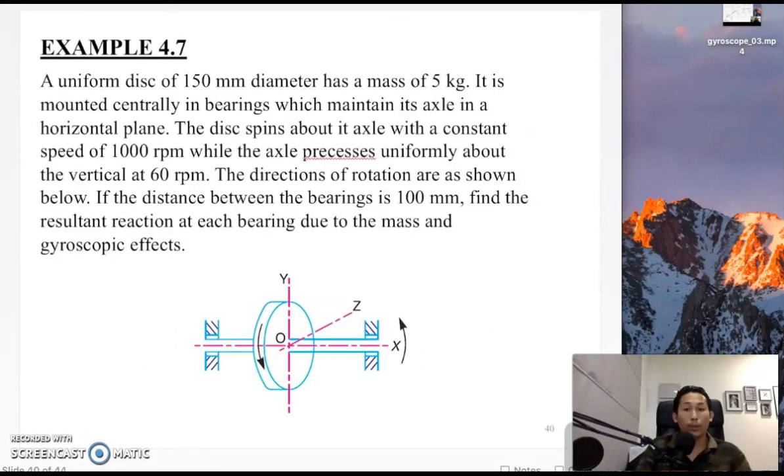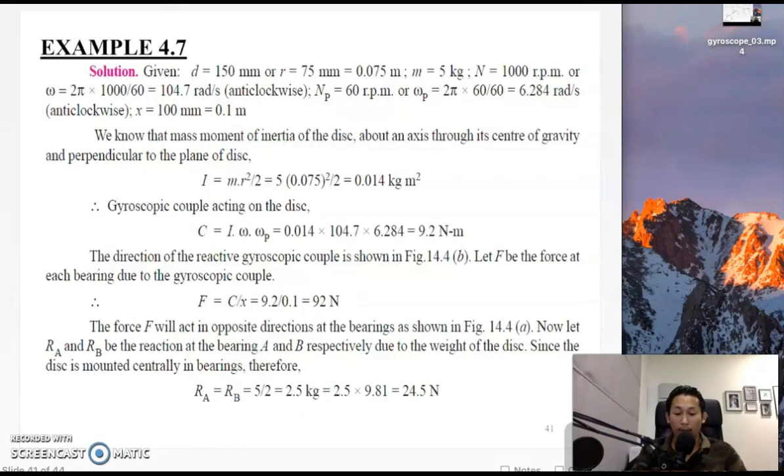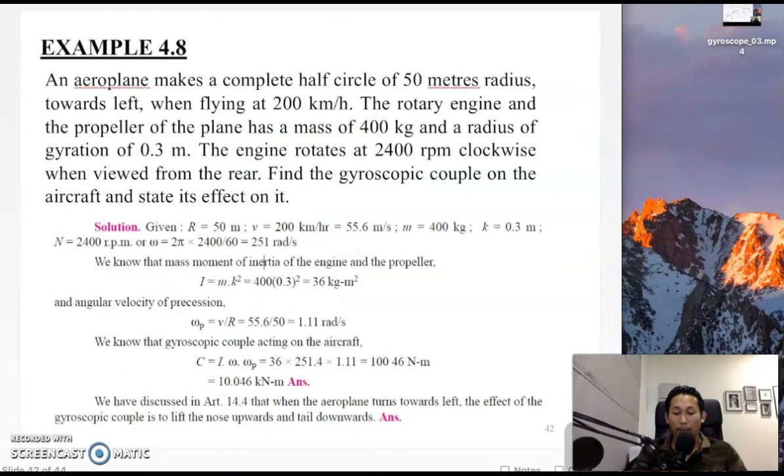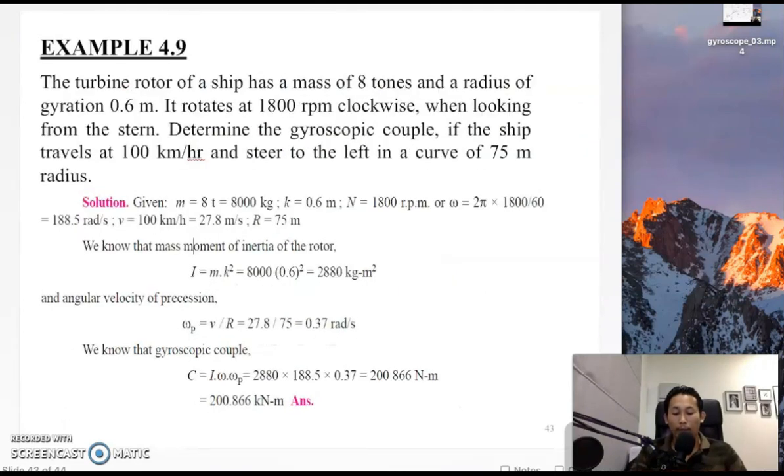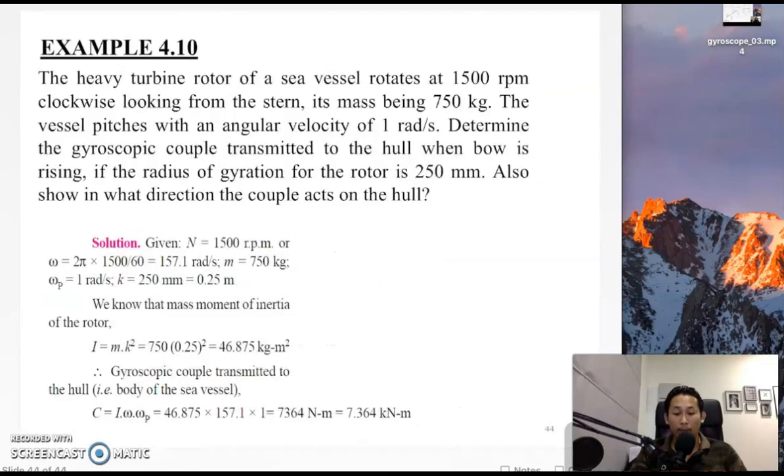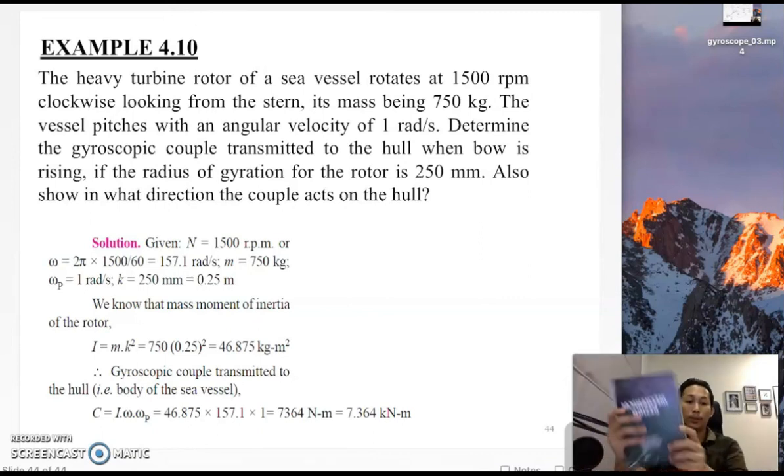Okay, I leave example 4.7 to you because there's a solution given. Example 4.7, example 4.8 with the solution, example 4.9, and also example 4.10. There's a solution there, so you can go through. Okay, then we have got this book.